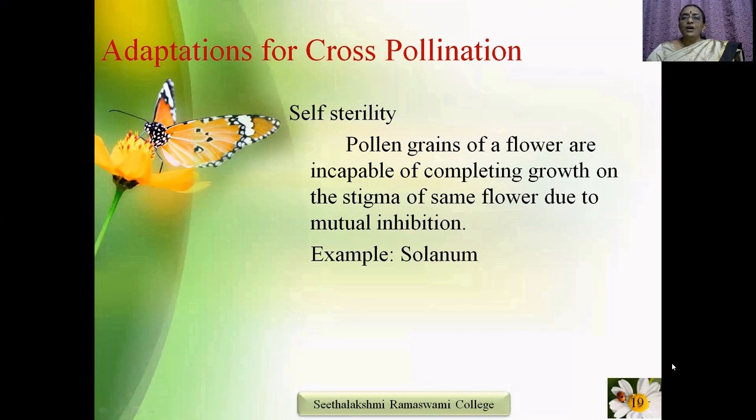Pollen grains of a flower are incapable of completing growth on the stigma of the same flower due to mutual inhibition. Many species of Solanum, like potato, tomato, and the tea plant, are self-sterile because of genetic reasons. In this case, cross-pollination is obligatory.